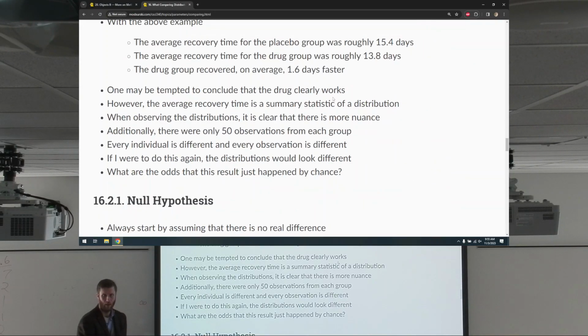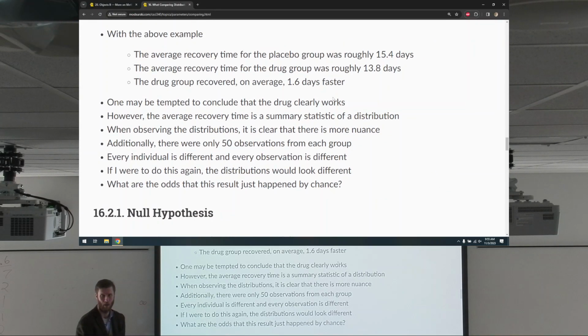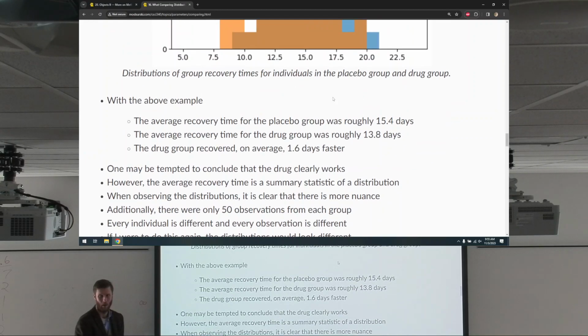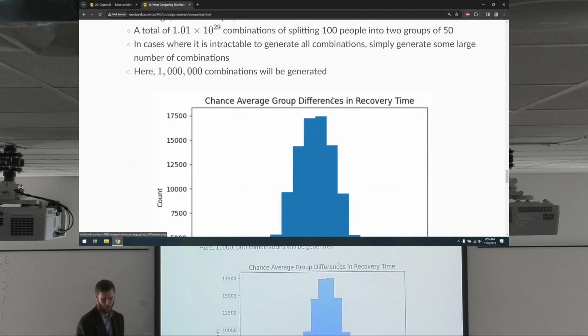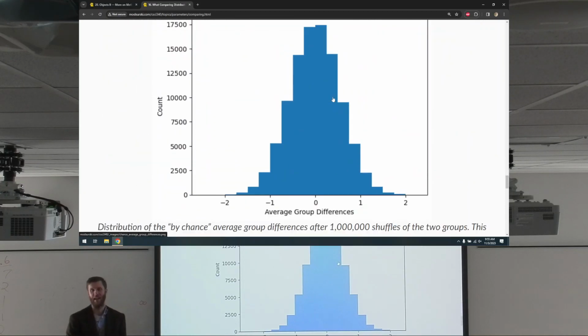Don't you think, since you had your graph of differences, it would make more sense to just take the absolute value? Like the lower one. This one, if I were to do the absolute difference? Well, then what's tough is that it's possible the drug had a negative effect. If I were to say the drug let me recover 1.6 days faster, that's like negative 1.6 days.